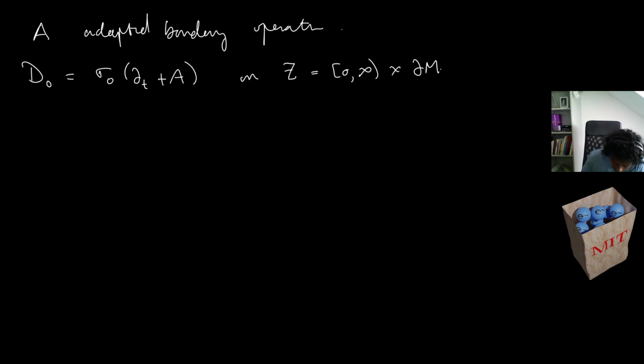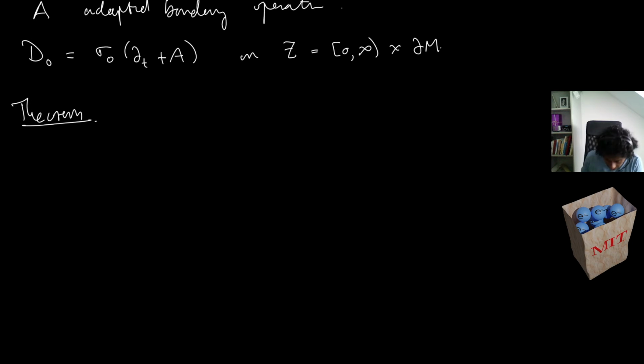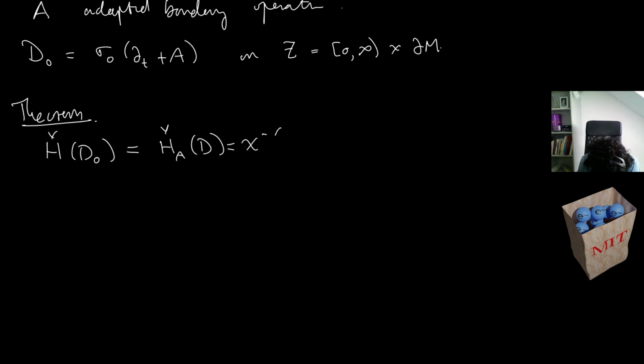and so let's write down a theorem now. The theorem is that the check space of this operator D naught is precisely equal to the space that we wrote down with respect to this A. Okay, so we can now decompose this as chi minus acting on... When I say equality here, I mean really equality as Banach spaces, right?